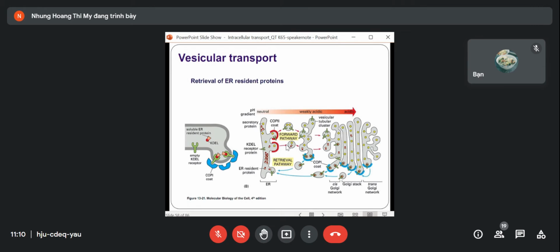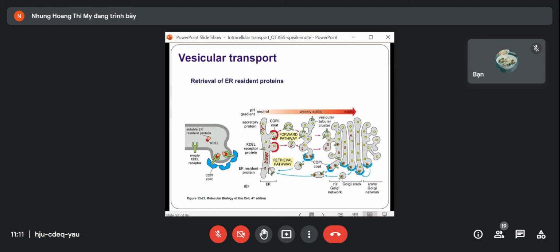So when the KDEL protein and its receptor are in the Golgi apparatus, the pH of the Golgi apparatus induces the binding of the KDEL protein and its receptor. And this binding will trigger the formation of a vesicle by COPI protein at the Golgi apparatus and send the vesicle back from the Golgi apparatus to the ER membrane.